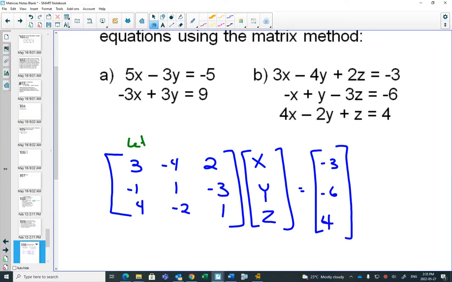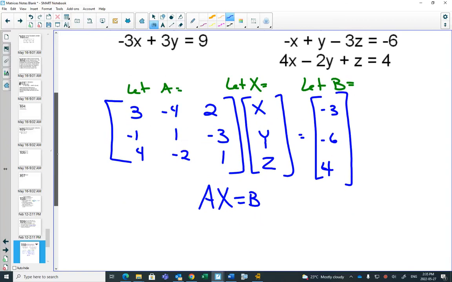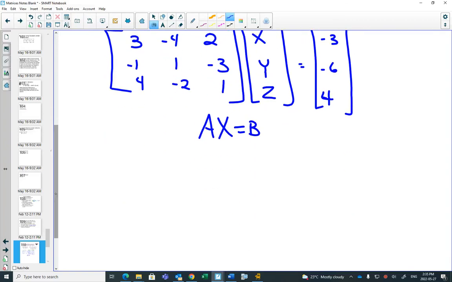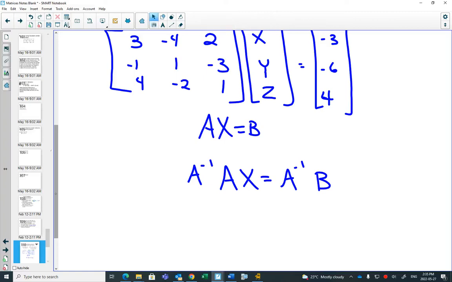Again, I will let A equal this, let X equal this, and let B equal that. So we have AX equals B, and we multiply in front by A inverse. If you're doing the matrix method, this one would be a calculator question.